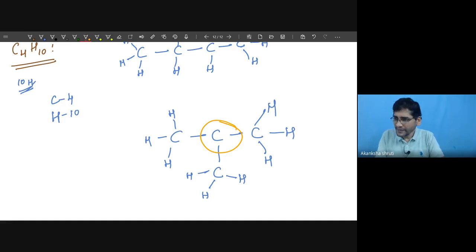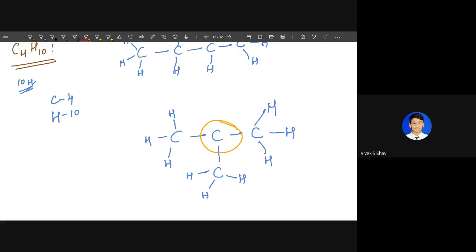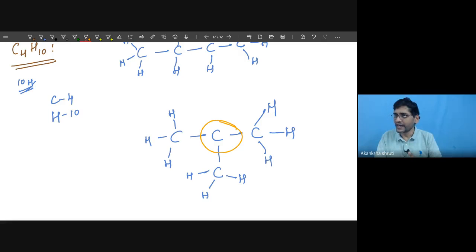How many bonds are already existing, students, here? 3 are already existing. Good. How much does it need more? Here 3 are existing. Maximum any carbon can form 4. So 4 minus 3 is how much? 1. So only 1 hydrogen or only 1 more new bond it can form.